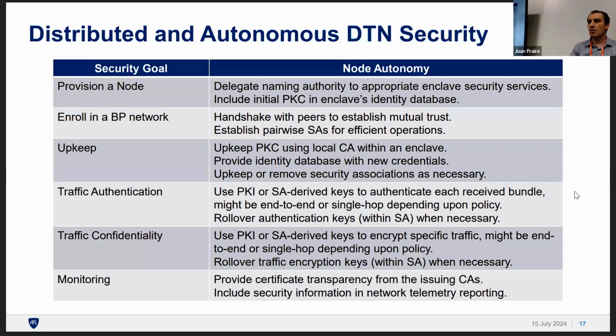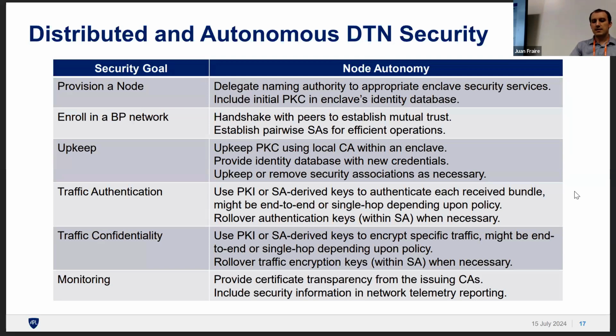The next goal is enrolling in a network, where you have the device provisioned and you know where it's going to be. Allow the device to figure out how to bootstrap itself into a network, how to establish trust between end entities based on trust derived from the certificate authorities.